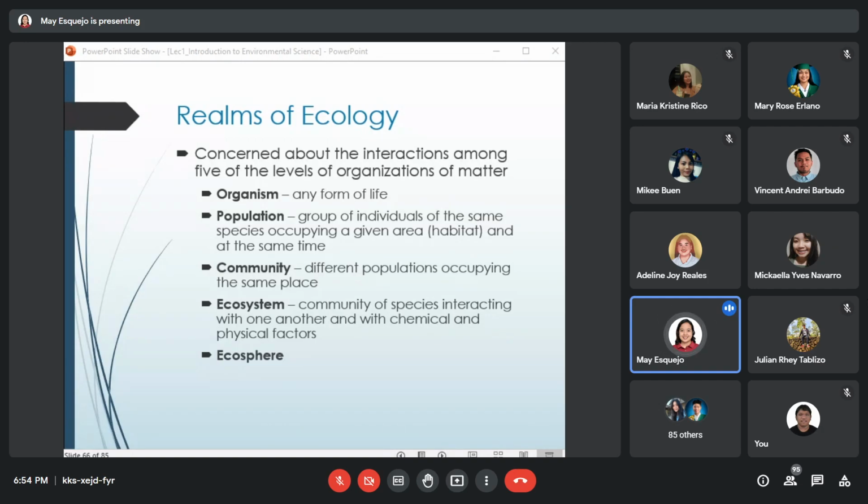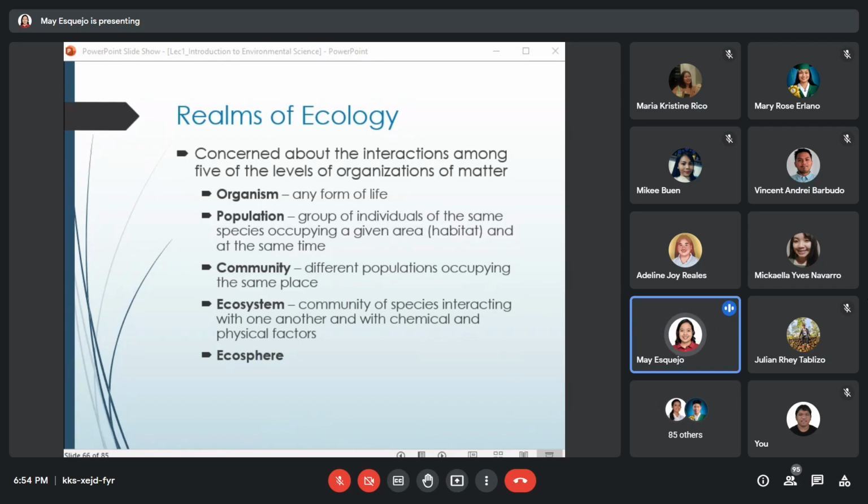Syempre related dun sa Envi Science. Okay, so I will just go through with you this group of organisms or categories that is concerning the ecology. So organisms or species are grouped into this. We have the organism, starting from organism.